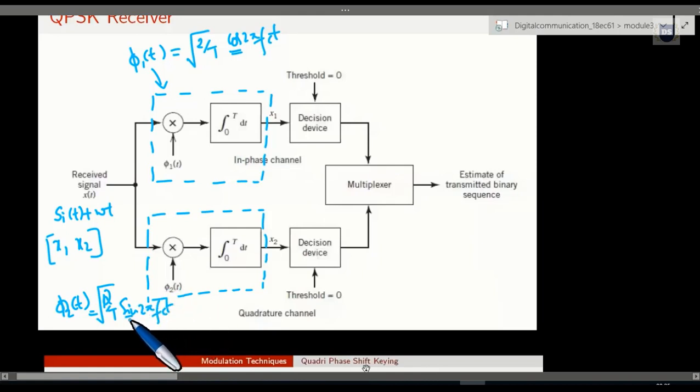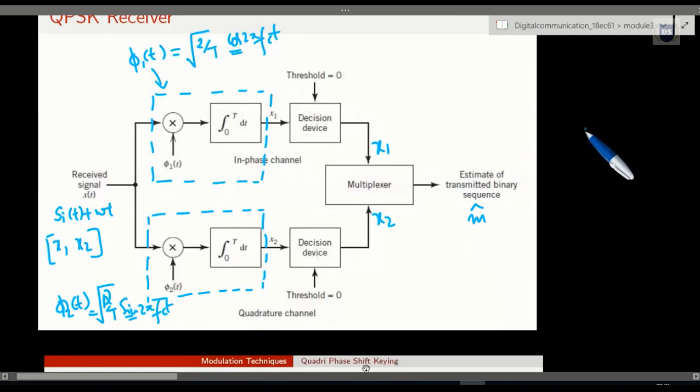Because of this sine, we'll call this the quadrature channel. So when we make this received signal x(t) go through the correlator stage, we'll get x1 over the in-phase channel and x2 over the quadrature channel, and we'll make use of a decision device where we maintain the threshold value as 0, and after that we'll pass it through the multiplexer stage, where we combine x1 and x2 in order to estimate m cap.